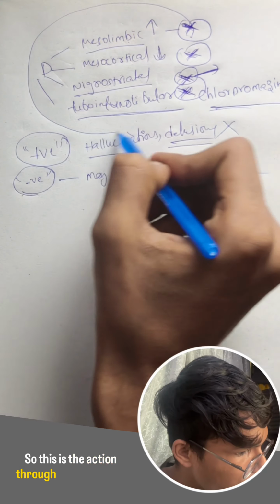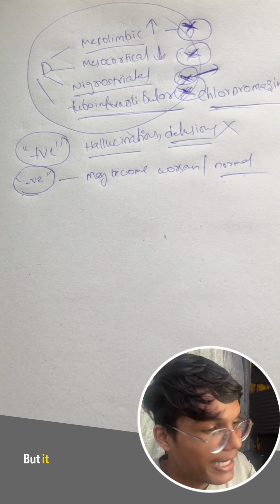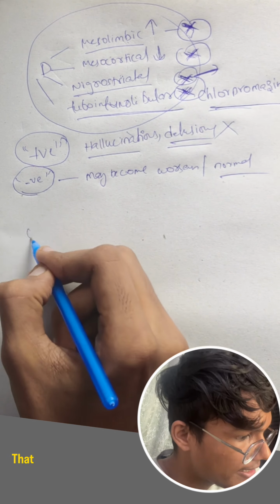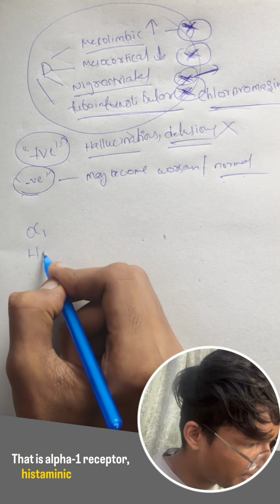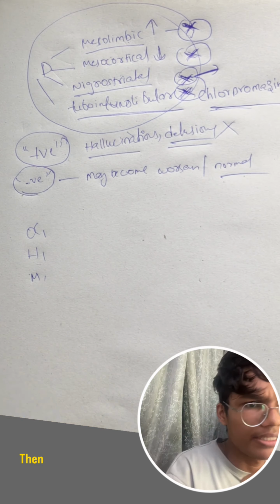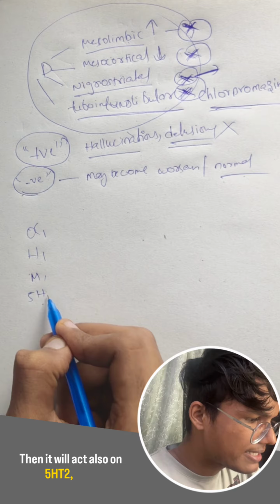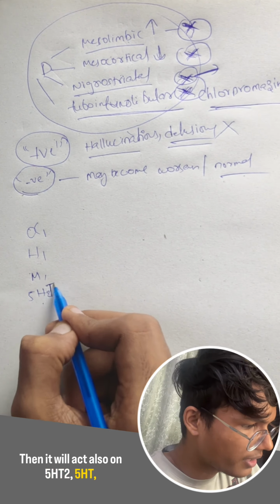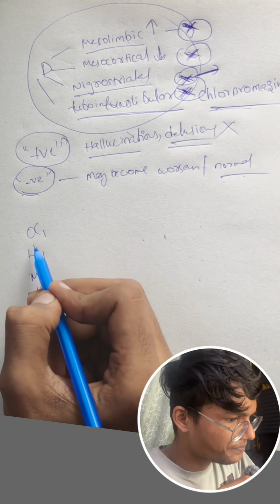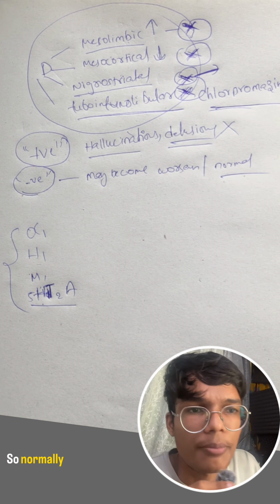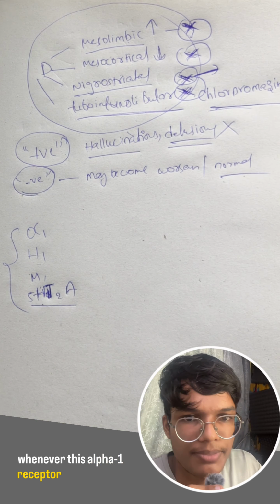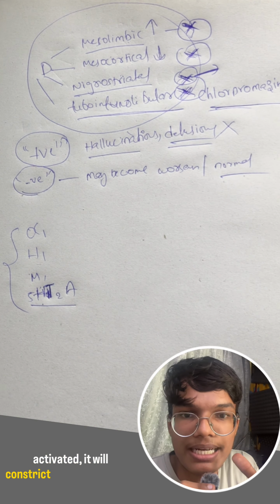So this is the action through dopamine receptors, but it doesn't act on dopamine receptors only. It will also act on some other receptors: alpha 1 receptor, histaminic receptor, muscarinic receptors, and also 5-HT2A, the 5-hydroxytryptamine receptor. Normally, whenever the alpha 1 receptor gets activated, it will constrict the vessel, right?